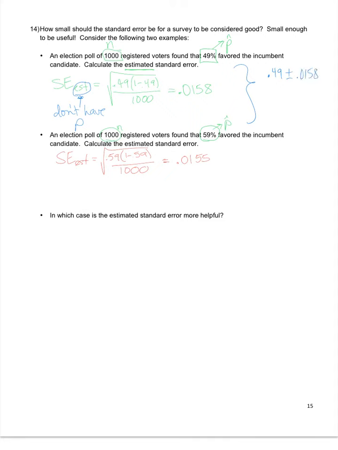And here, if we did the same thing, 0.59 plus or minus that estimated standard error, we're doing the same thing, but it turns out in this second one, that estimated standard error is big enough to identify a clear leader.